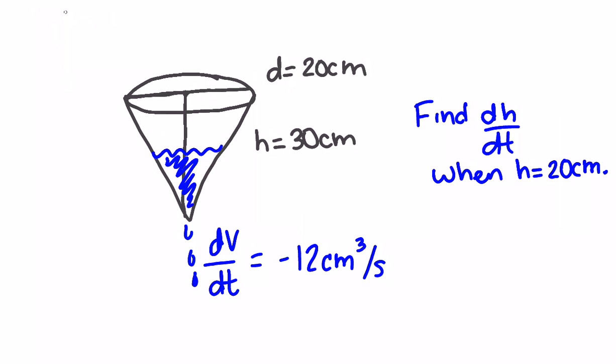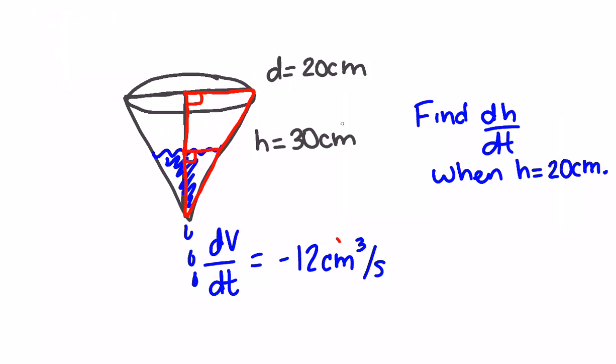Now, something you may not be able to see quite yet, and this is very important, is that cones have similar triangles in them too. Just like the last problem with the guy with the shadow, cones have similar triangles in them too. So if you look at this as a right triangle, right here, and then look at the big one as a right triangle, the height and the radius always have a relationship.